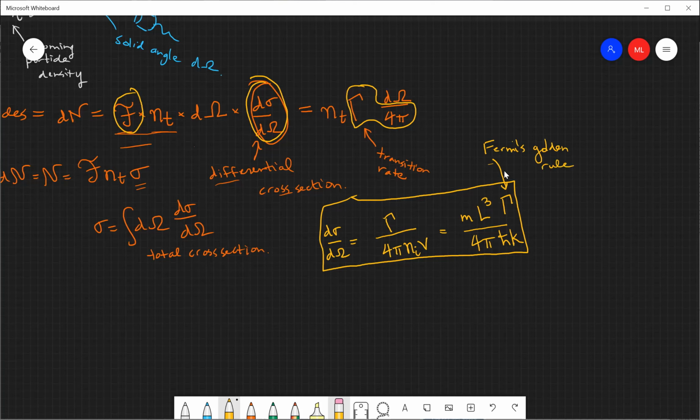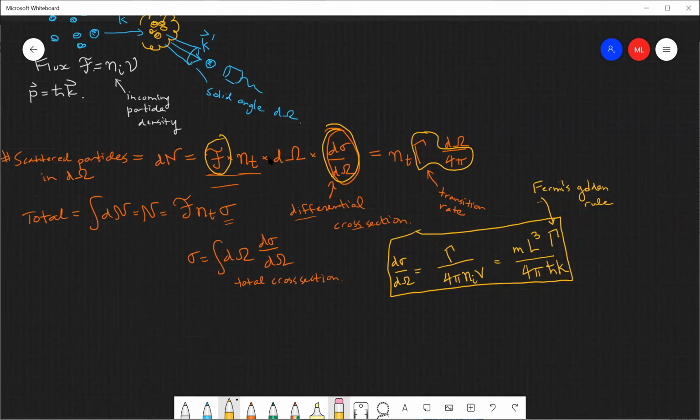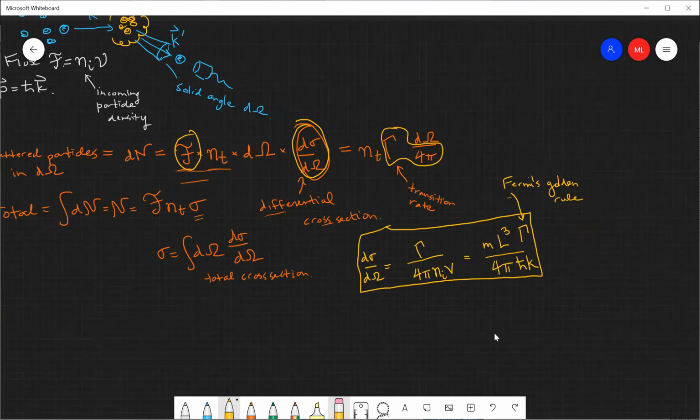And you'll know then, once you calculate this, what the differential cross section is for a scattering problem associated with a transition rate gamma. And the transition rate, again, has to do with the actual details of the process of the incoming particle interacting with the target.